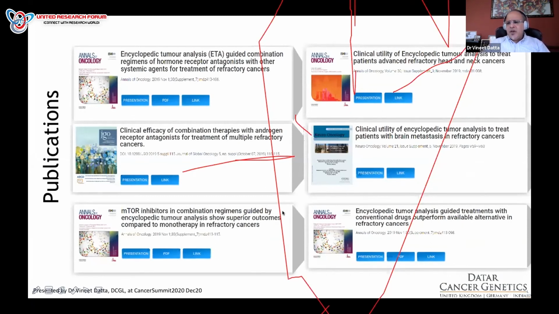Subsequent to that, various papers have been published by the group, looking at combinations of encyclopedic tumor analysis across various refractory cancers, looking at intelligent combination therapies, androgen receptor, mTOR, and aspects of response in brain cancers and brain metastasis.